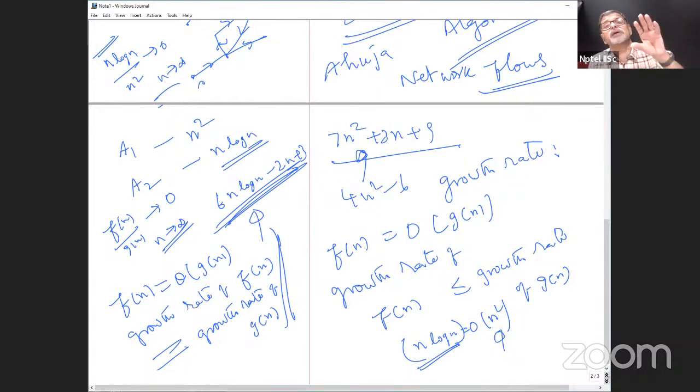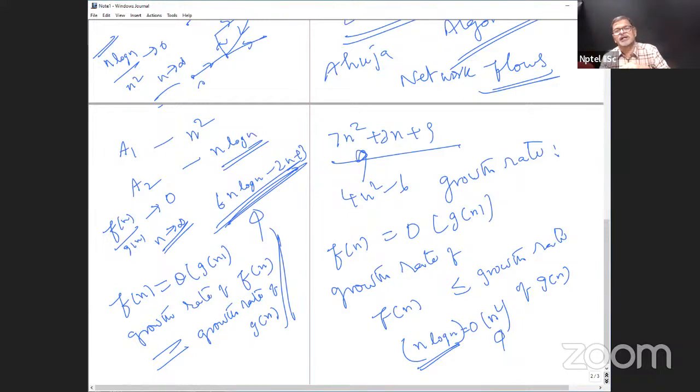So the purpose of big O, theta, all of them is to compare two functions, the complexity functions. In computer science, we are interested only in comparing the complexity functions and choosing the function that has the slowest growth rate, minimum growth rate. It becomes larger, but slowly.